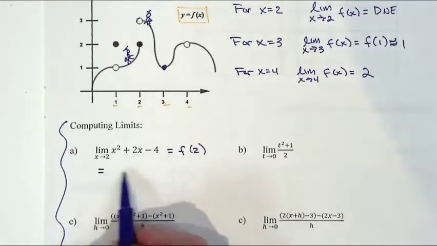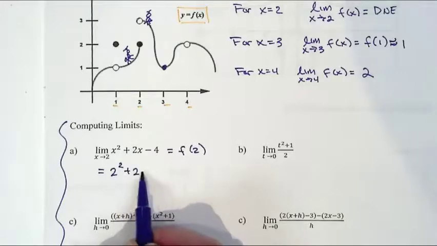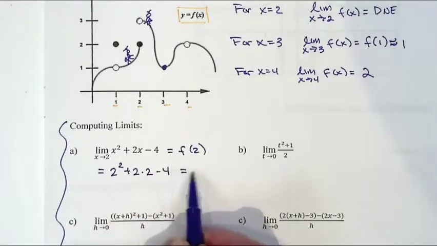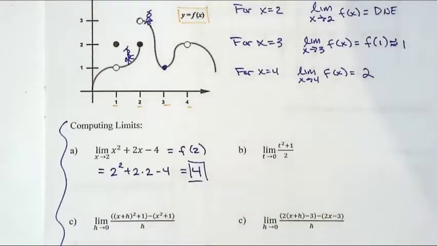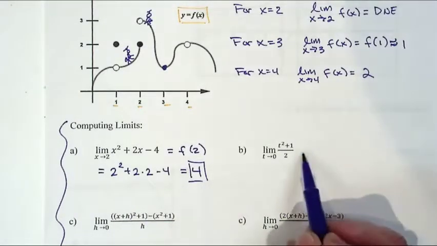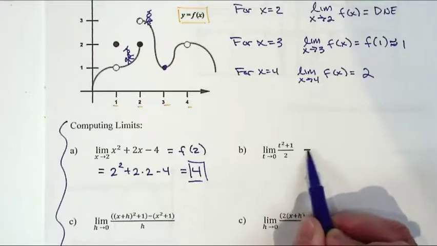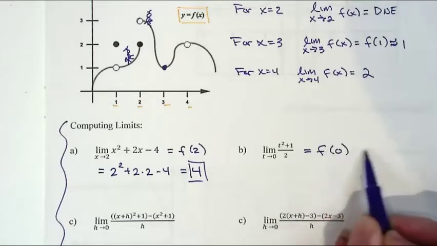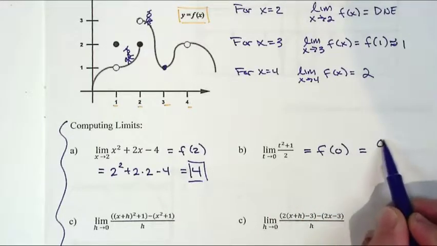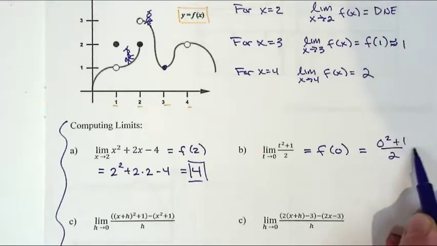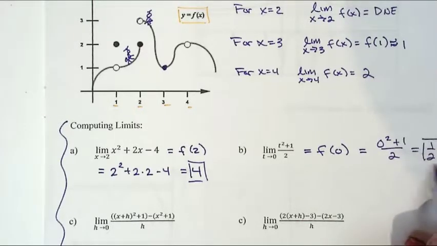That's 2 squared plus 2 times 2 minus 4, otherwise known as 4. So the limit, if there's no break, gap, jump, or other problem happening with your function, is just the function value. On this one also, this is going to be equal to the function value at 0, which is 0 squared plus 1 over 2, otherwise known as 1/2.